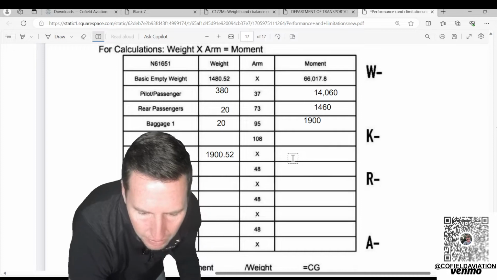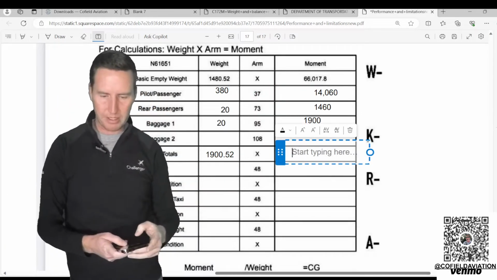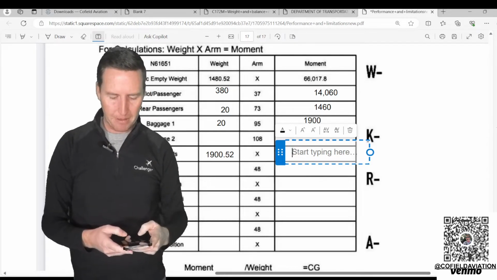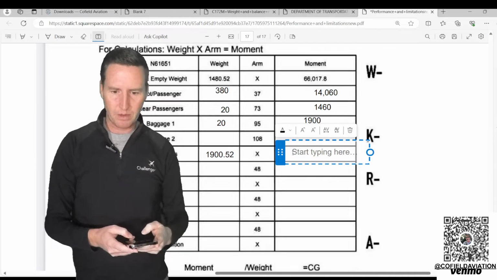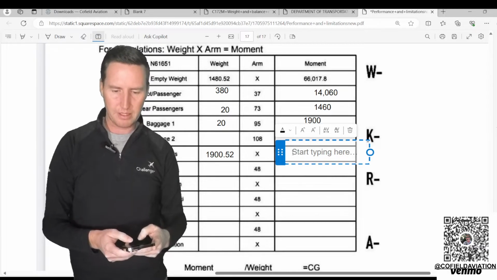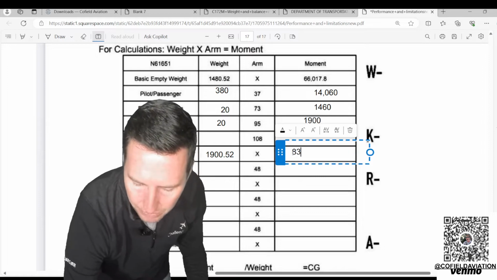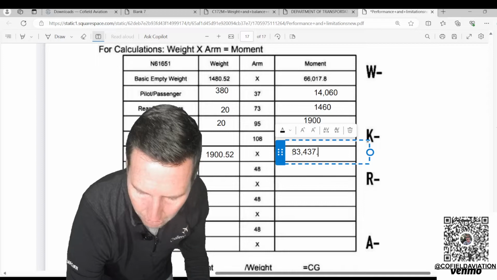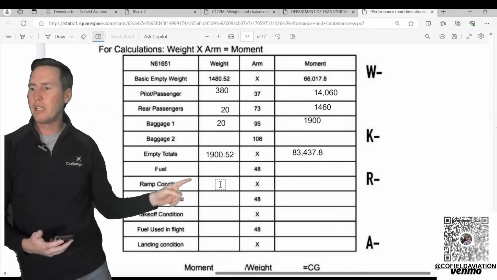And then our moment, don't forget to add this. So we're going to be 14,060 plus 1460 plus 1900, plus the empty moment of 66,017.8, equals 83,437.8. Okay. All right, now we come down here, we come to fuel.